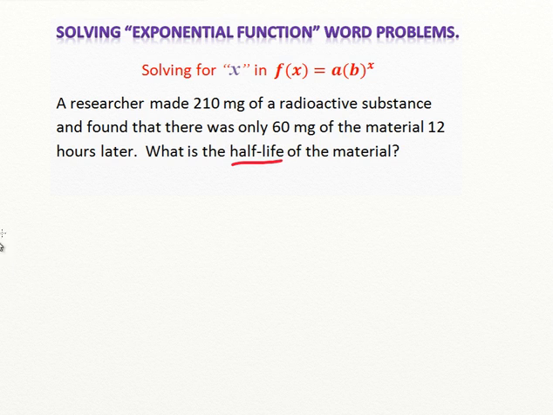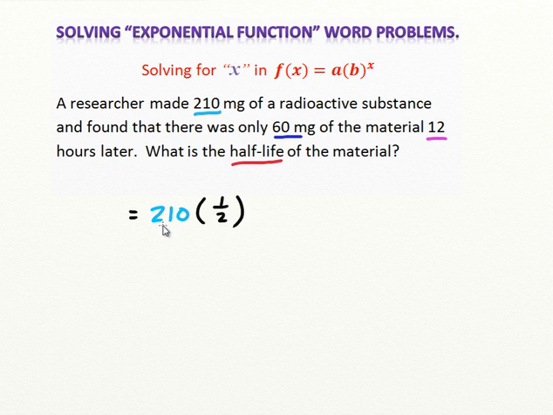So when we set up our equation, I'll just use some color coding here. We'll use 210 as the light blue, 60 dark blue, 12 there. Half-life will be red, and we know the base. All right, so let's go ahead and get started. The researcher made 210 milligrams of a material. This is half-life, so I know the base is 1/2.